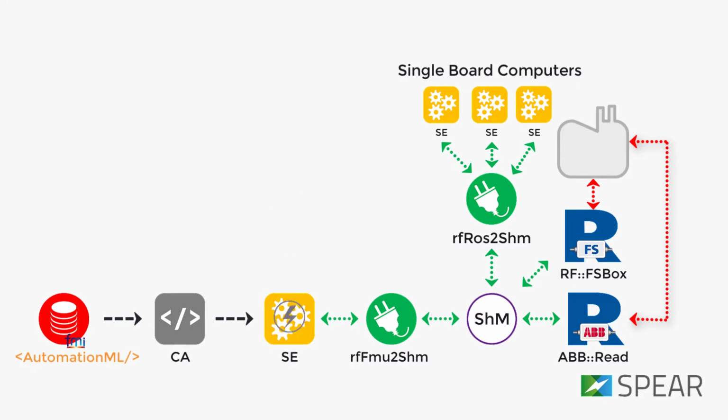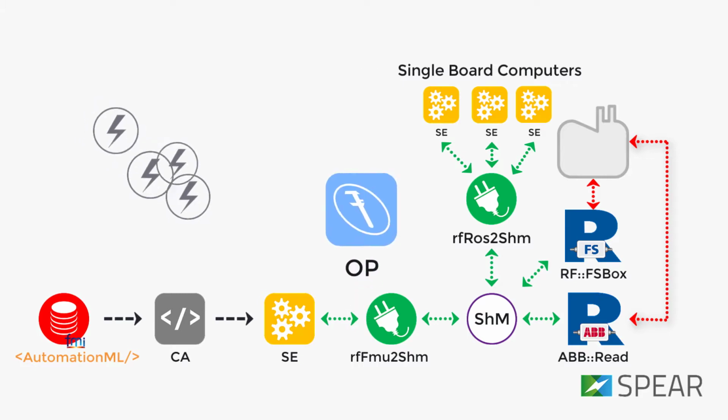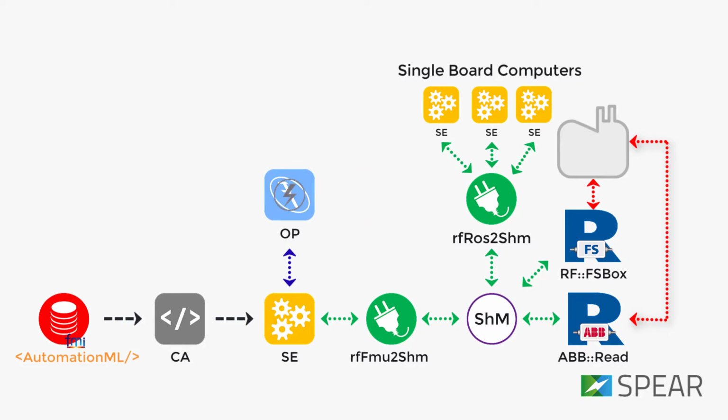The simulation environment creates energy profiles of each component based on different process parameters, for example, the speed of a robot for the same robot program. All profiles are uploaded to the optimization platform via the SPEAR interface description.